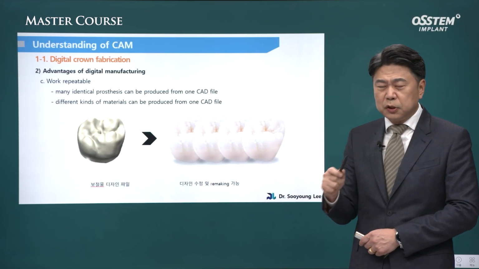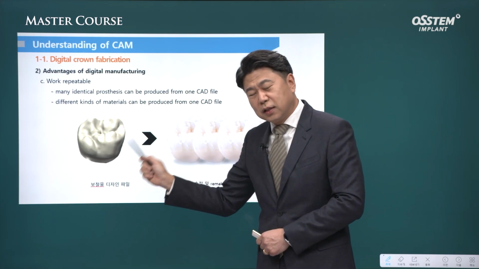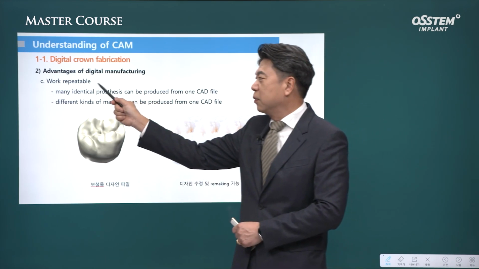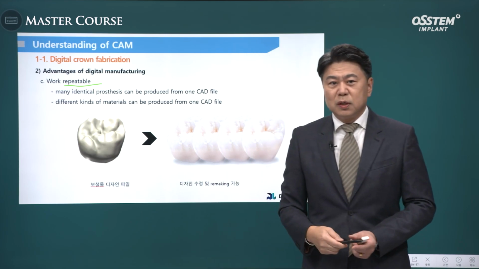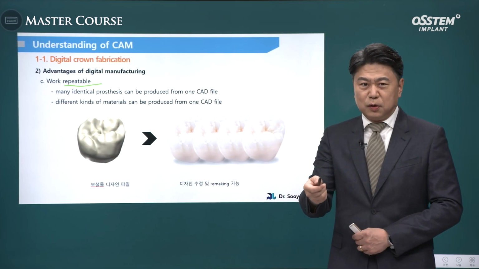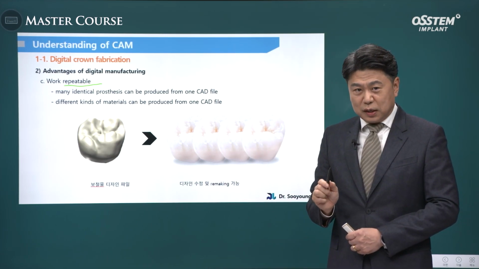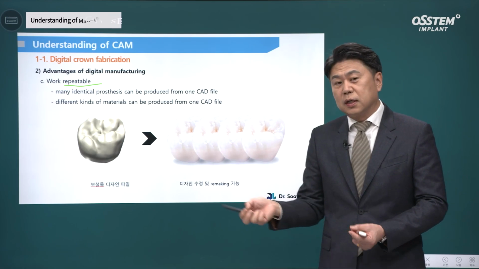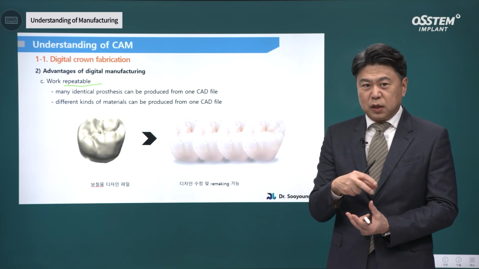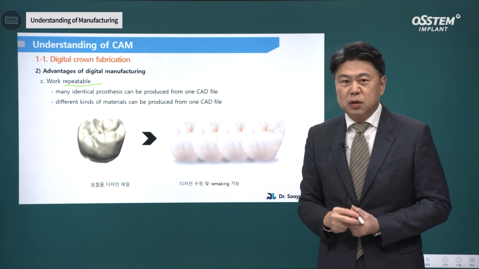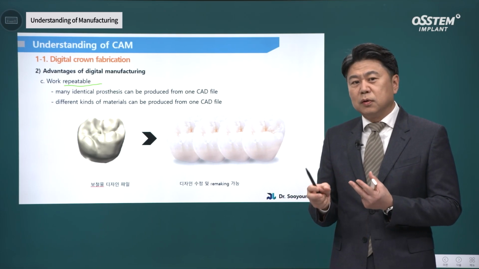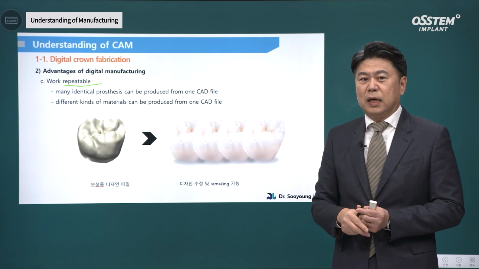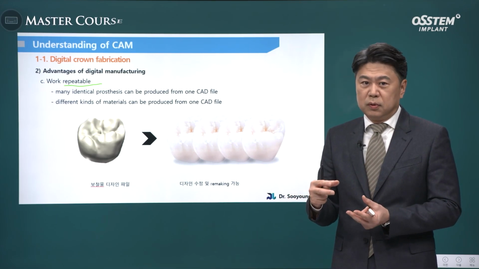Third, the work is repeatable, which is my favorite part. I think once it is designed, why do you need to repeat it? But sometimes we encounter the need. For example, we make beautiful zirconia crown over an implant. Implant crown is not usually cemented using the final cementation.